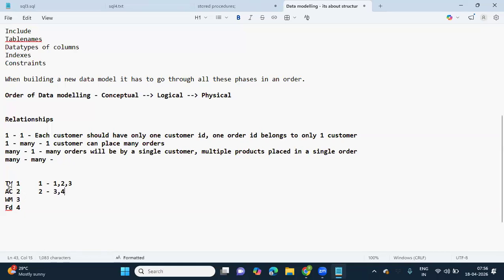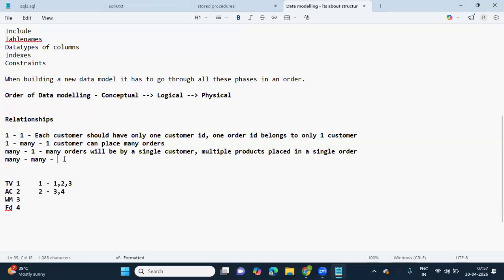So TV is purchased in multiple lines here. Or if you take one order here, this one order is having multiple entries. One order belongs to multiple products here. This is called many to many relationship.